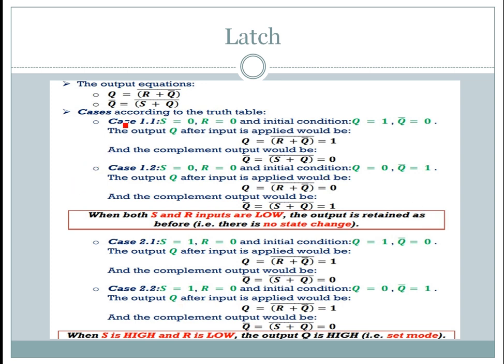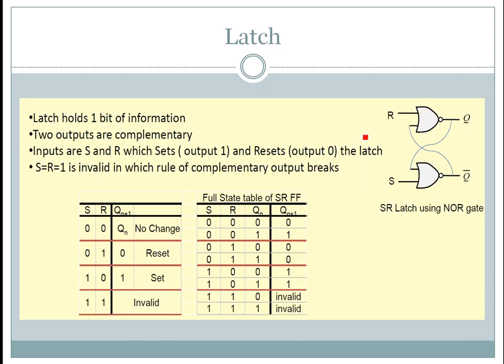First we'll write the output equations of Q and Q bar for this circuit. Here Q is the output of this NOR gate, and the inputs for this NOR gate are R and Q bar. We already know the output expression of a NOR gate: y equals (a plus b) whole bar.